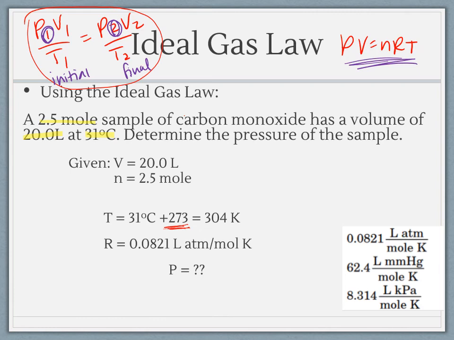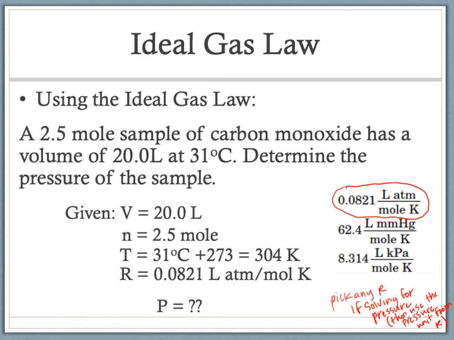Now for this one, we were not given a pressure. So if we're solving for pressure, you can really just pick any R, and then your pressure unit is whichever pressure unit is in the R value that you picked. Most of the time, and I believe on your practice set, I told you if you're solving for pressure, just use atmospheres, okay? So if we're going to solve for pressure in atmospheres, then we have to use that top R value because that's the one that's in atmospheres.